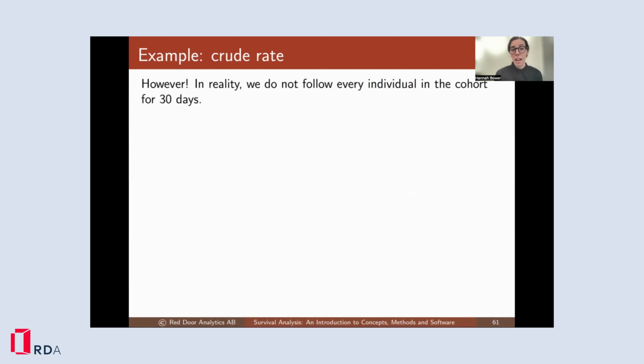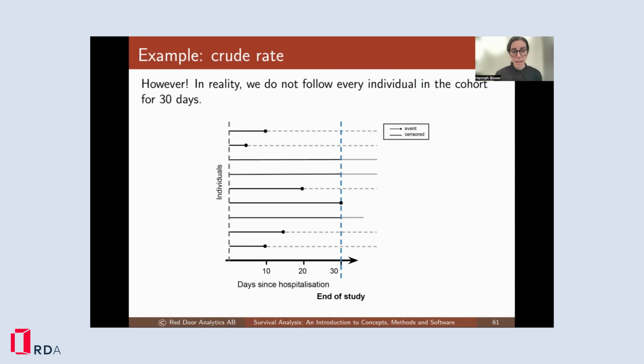However, in reality, we don't actually follow every individual in the cohort for 30 days. So we may have something that looks like this, where we have days since hospitalization on our x-axis, and different individuals represented across the y-axis, where we see very clearly that we don't follow these individuals for the entire 30 days. These individuals may get an infection prior to 30 days.